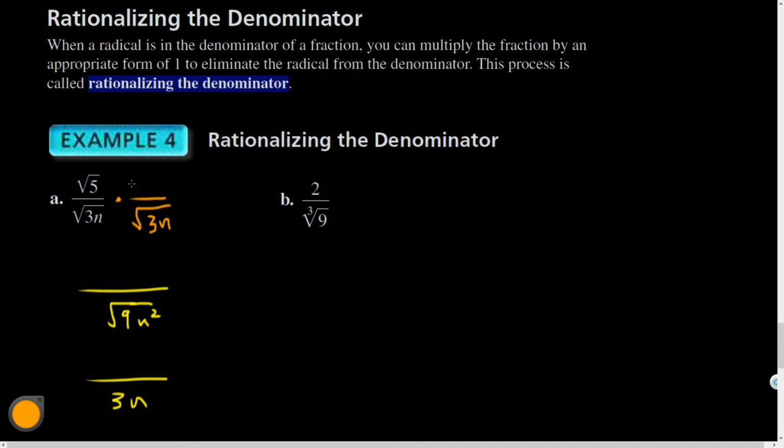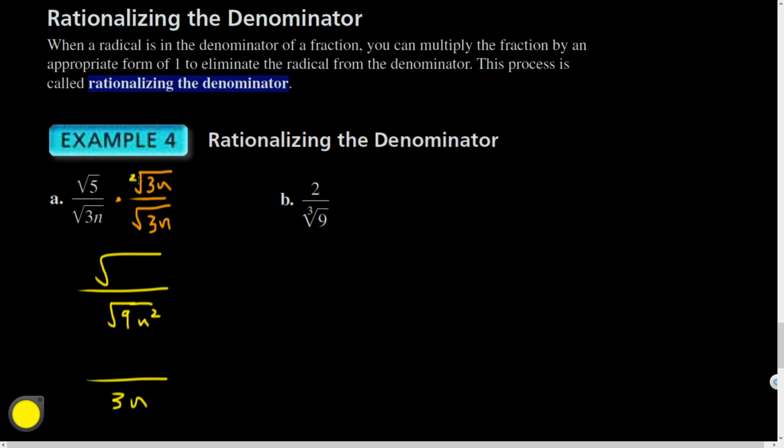And so if I multiply the top by the square root of 3n as well, this whole fraction is the same thing as 1, okay? And multiplying by 1 isn't changing its value, it's just changing the way that it looks. And so if I now multiply the square root of 3n times the square root of 5, I can just multiply those together as one big radical.